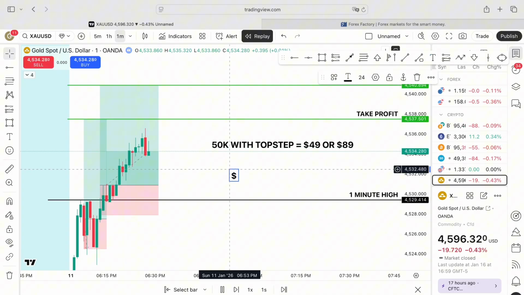So what's 49 times 5? I think that's 245, right? So 245 investment, or if you do the 89, which is the no activation fee, that's a $445 investment.